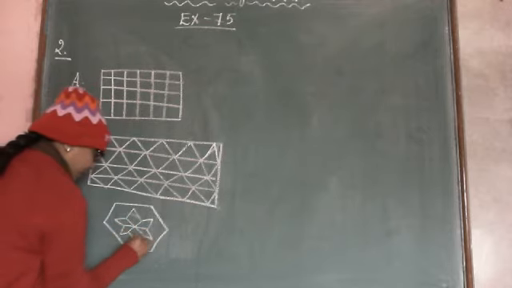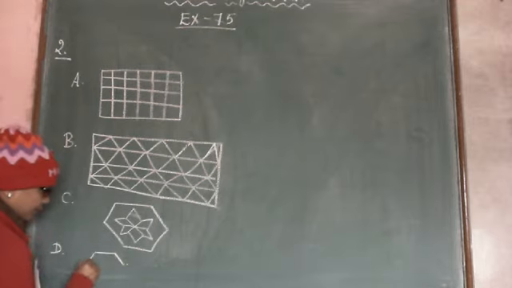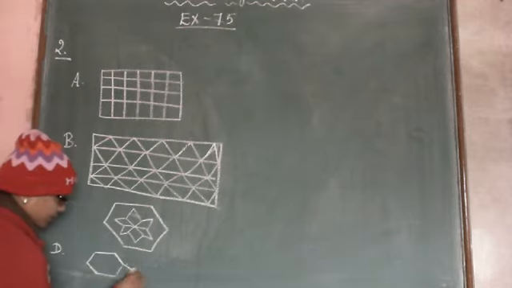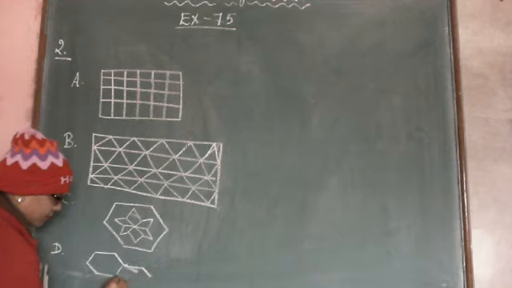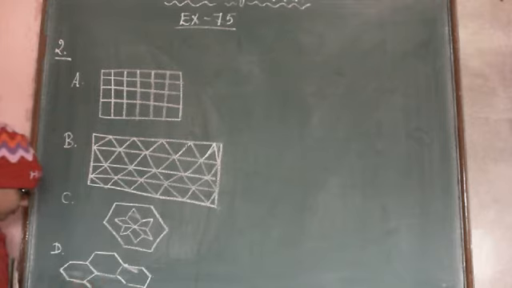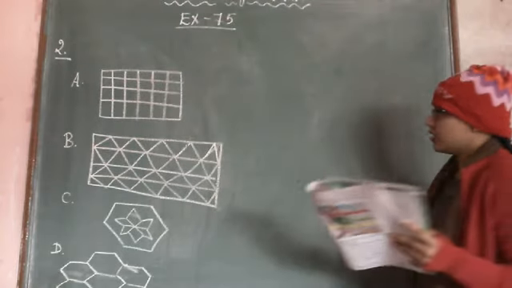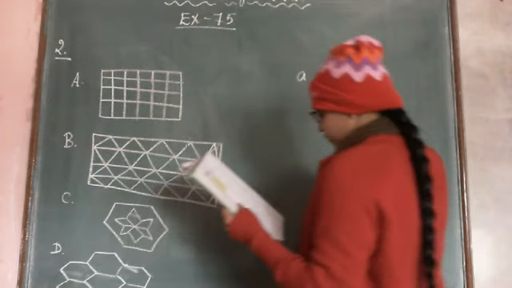So be very careful. Okay, so A, B, C, D are the patterns, and in this column the single tiles are given. So let me draw them too, then we will solve the question.